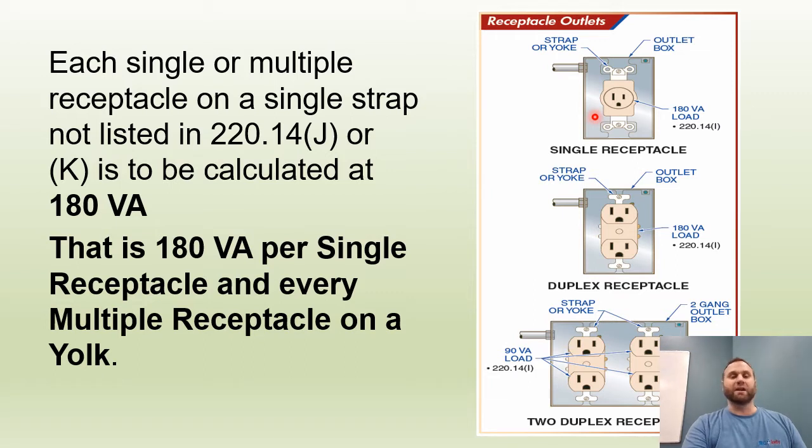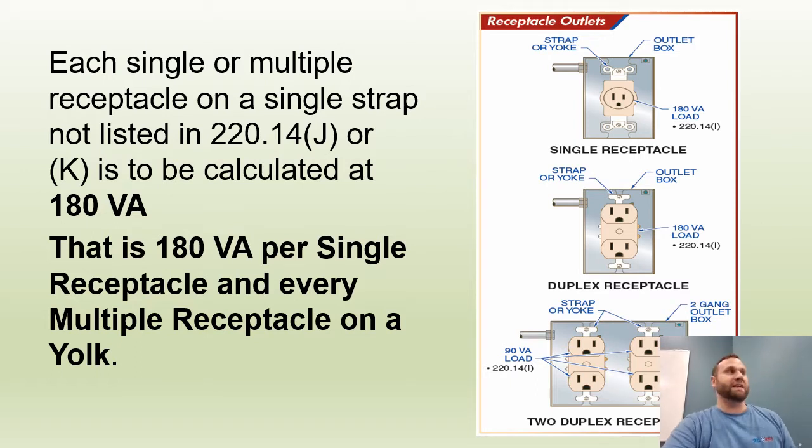That would be calculated at 180 volt-amps on the service. Or if I have a duplex receptacle, this entirety would be 180 volt-amps for that entire yoke. Not 180 here and 180 here, but only 90 per half, and it would be 180 for the entirety. So if I had a quad like this, it would be 180 per yoke.